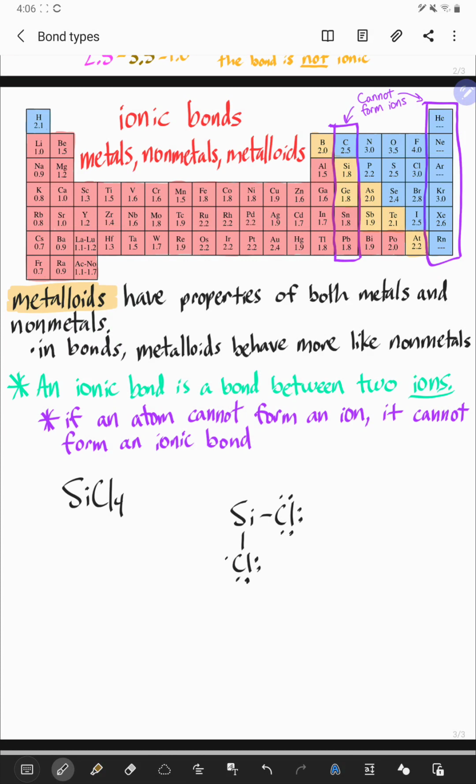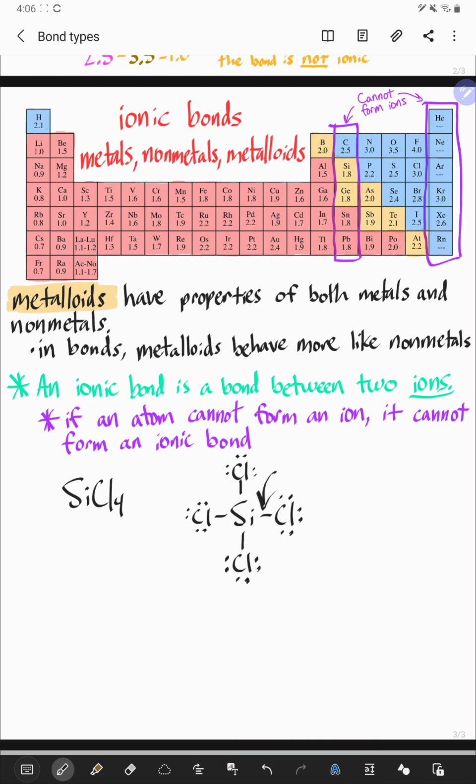We'll learn about naming later on. All right, so we want to know if this bond right here is an ionic bond or some other type of bond.